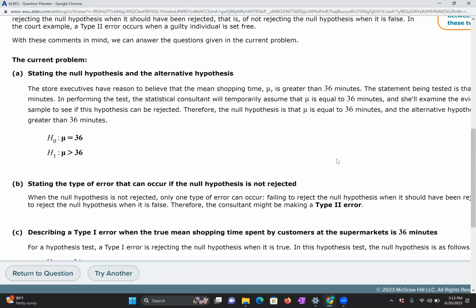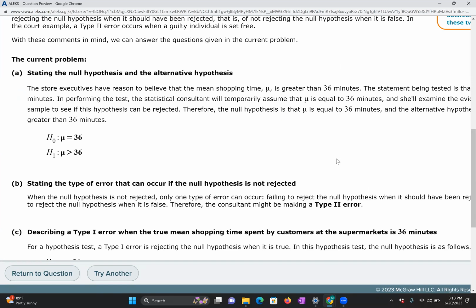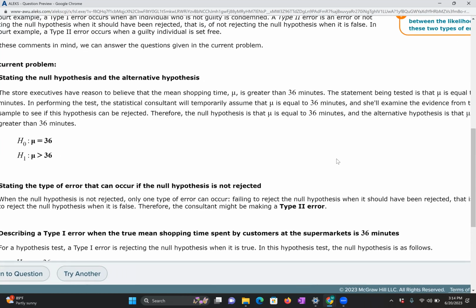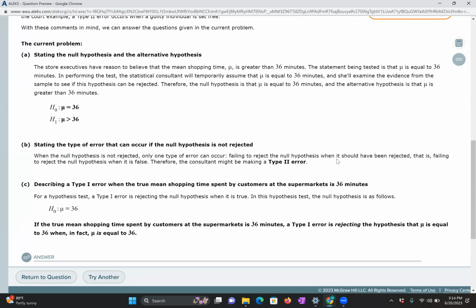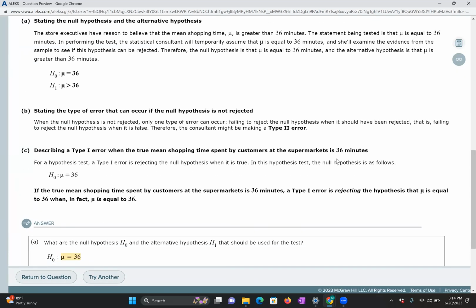So in this case, this is where we stated a type of error that can occur if the null hypothesis is not rejected. The way they're stating this, when the null hypothesis is not rejected, only one type of error can occur: failing to reject the null hypothesis, which should have been rejected. And in that case, failing to reject the null hypothesis when it is false, therefore you might be making a type 2 error.